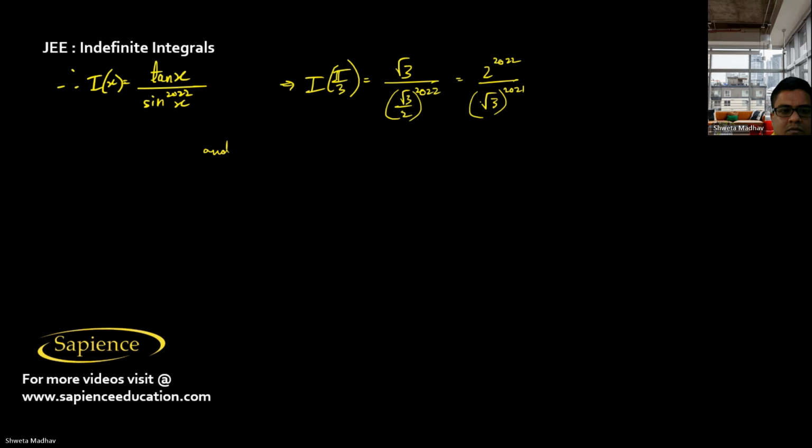And I of pi by 6 will be tan pi by 6, that is 1 by root 3, and sine pi by 6 is half, power 2022. So that is 2 power 2022 divided by root 3.